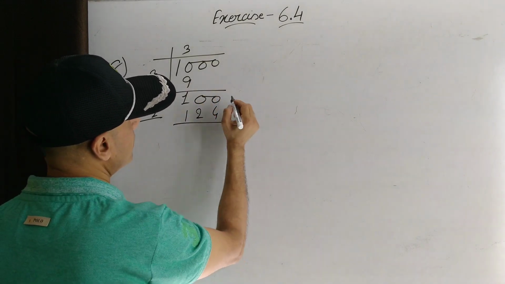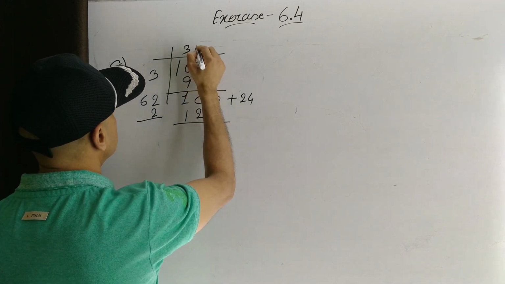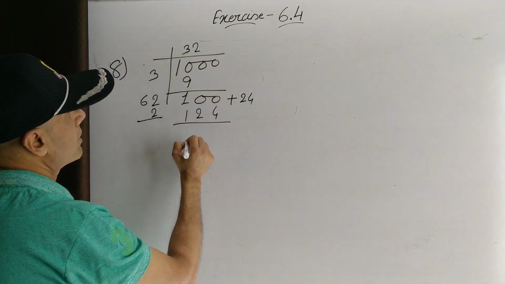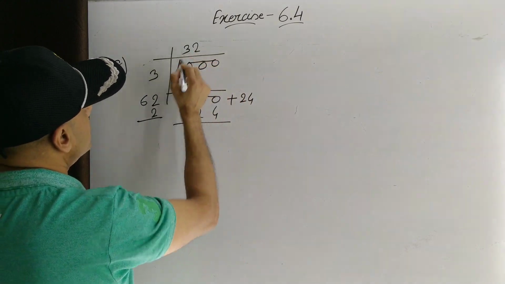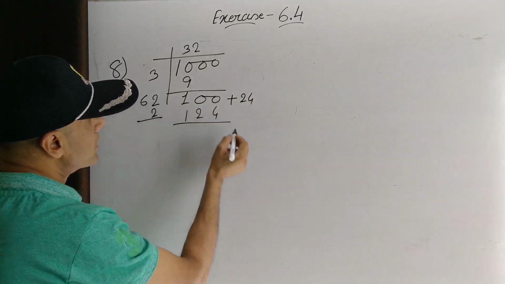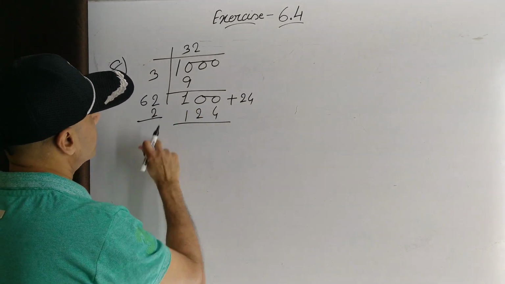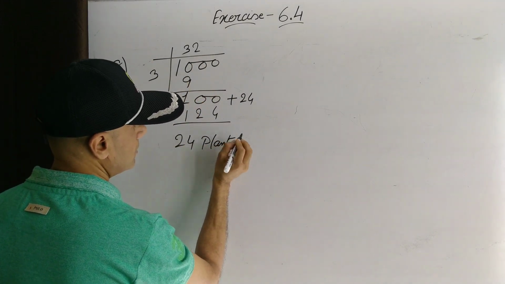So if he managed to get another 24 plants, we'll have a perfect square, and he can do the plantation with 32 rows and 32 columns. So the minimum number of plants he requires over and above 1000 is 24 plants. Clear?